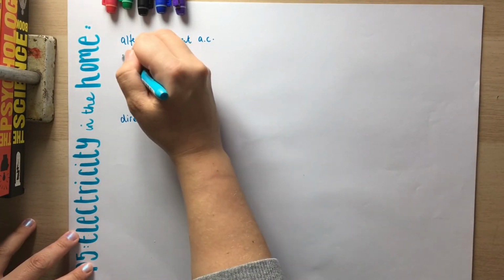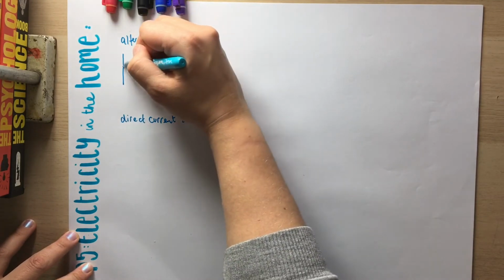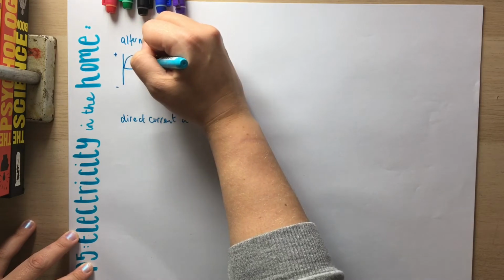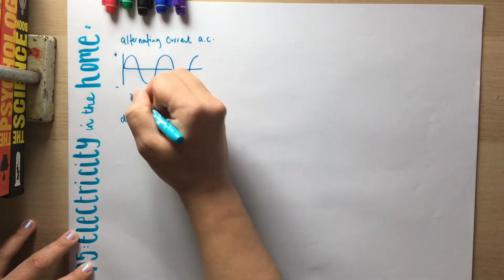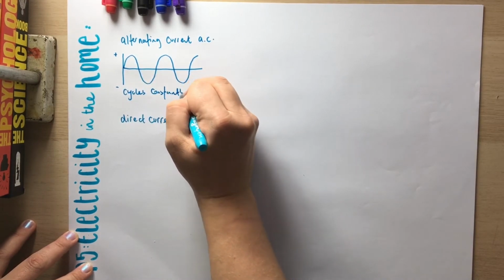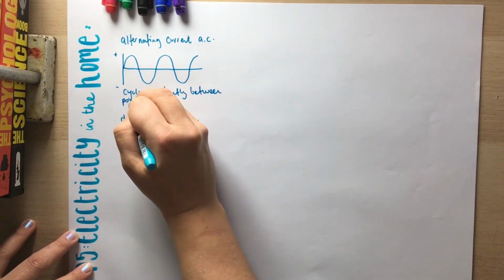Alternating current, as the name suggests, changes direction. So we have positive and negative. So it cycles constantly between the positive and the negative direction.